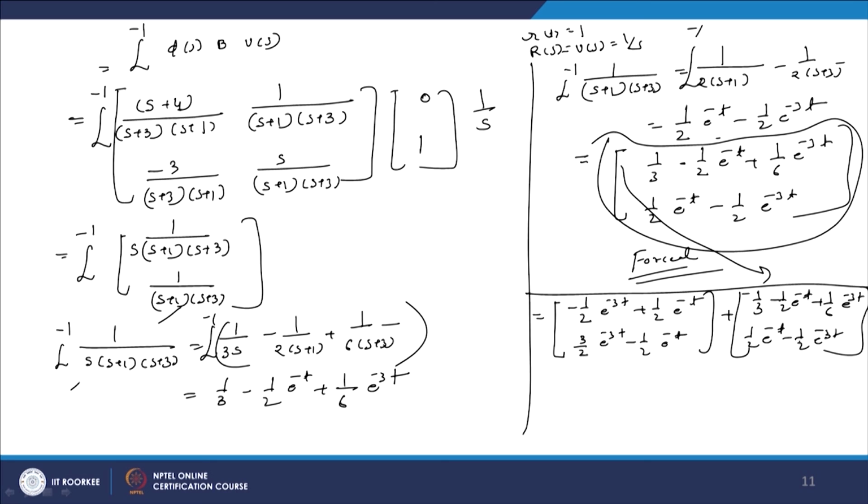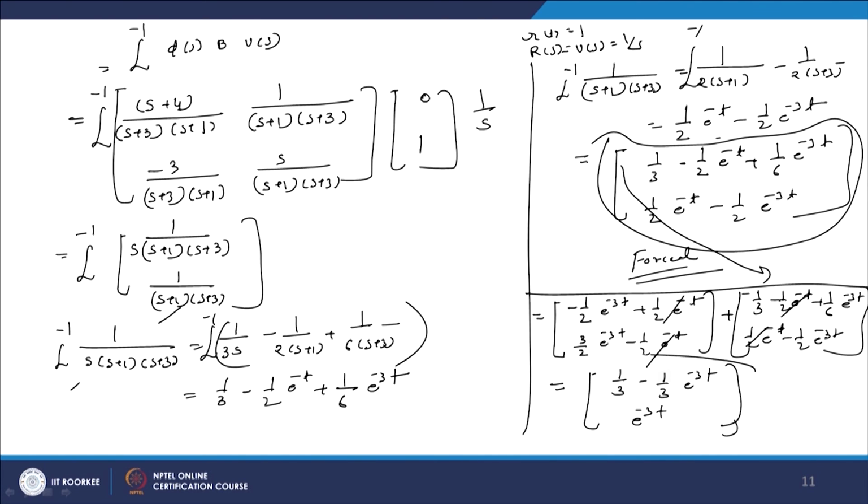Now this is there, and we have to add these elements. If you add this particular element, we get 1 by 3, and here this portion will cancel. So we will get 1 by 3 plus e raised to minus 3t, and about the e raised to minus t portion, this will cancel, and here we will get 3 by 2 minus 1 by 2, that means we will get e raised to minus 3t.